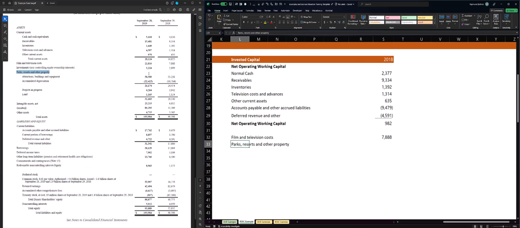Parks, that's what we're in a business in, and it's right here. Net of accumulated depreciation, includes land and current projects in progress.